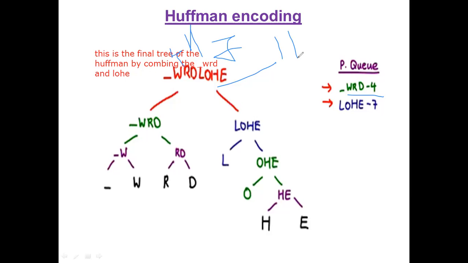So these are all the binary trees that we will be combining into the final tree that we got as L O H, and here it is 3 and here it is 4, and this is for 7 and this is 2 and 2, and this is for 1 and 1.